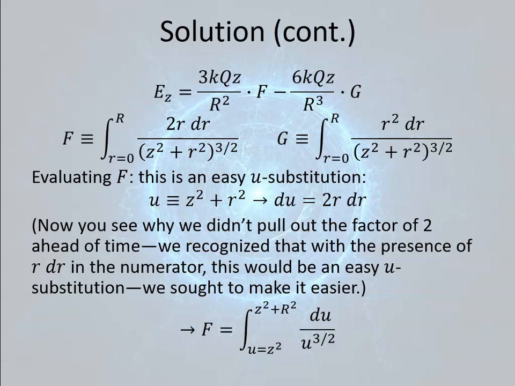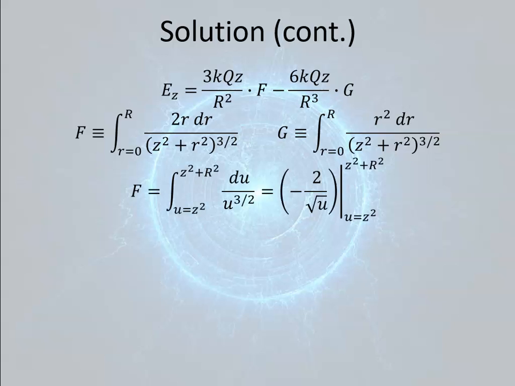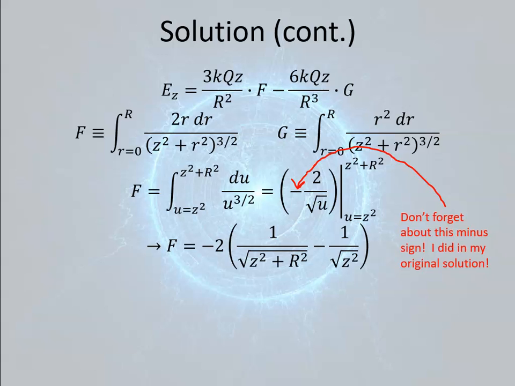And that's the integral of u to the minus 3/2, which is just u to the minus 1/2 divided by negative 1/2. And u to the minus 1/2 is just 1 over square root of u. There's our negative there as well, and dividing by the negative 1/2 gave us that factor of 2. We plug in our bounds, and there's our result for f.